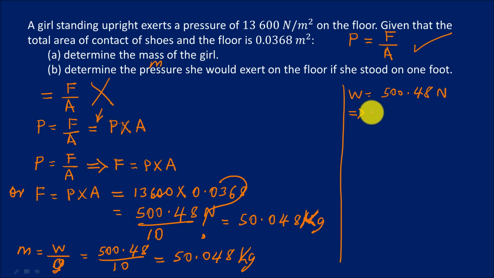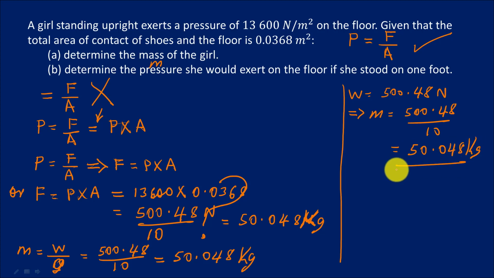This implies that the mass is equal to now 500.48 divided by 10, and you get your answer as the same, 50.048 kilograms. And all this would be neatly done and in a more step-by-step manner.